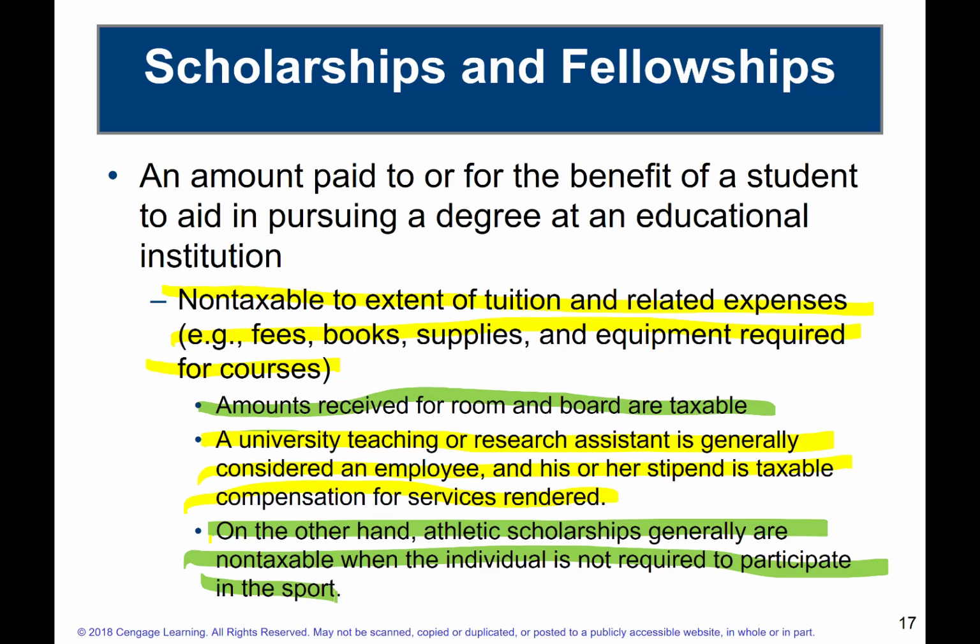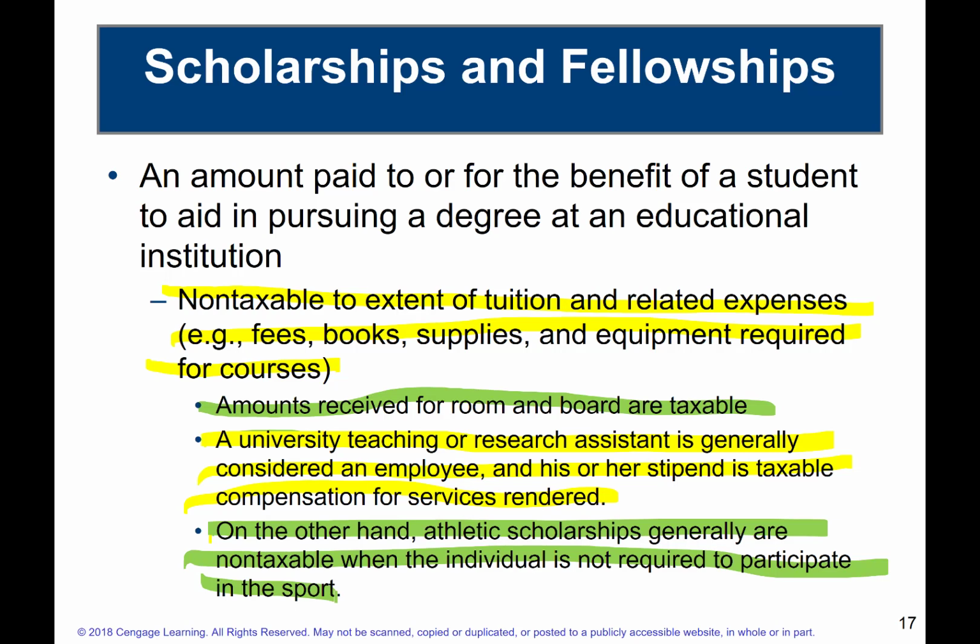I don't think they would do that. They would just provide you the scholarship, and then if you end up not playing for some reason, probably it ends after a couple of years, and they won't pay your tuition anymore.